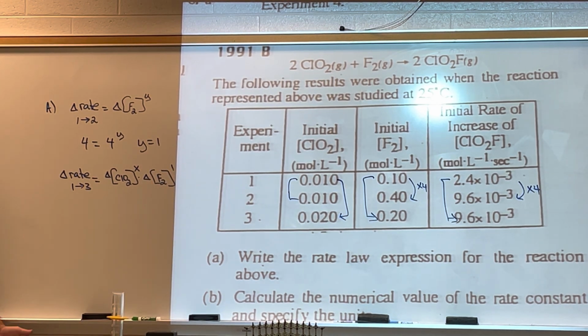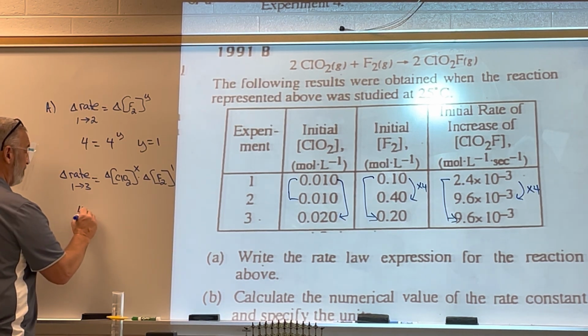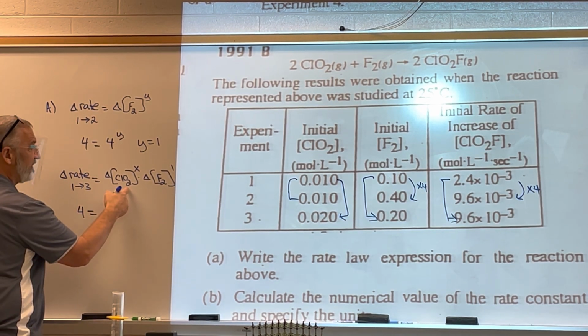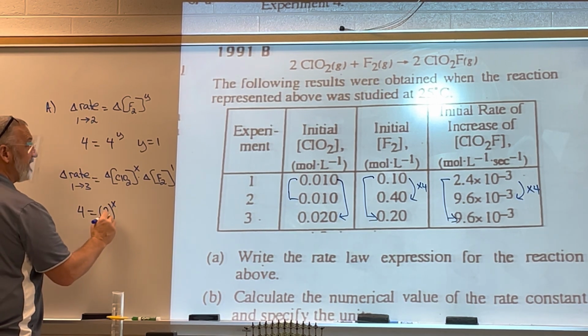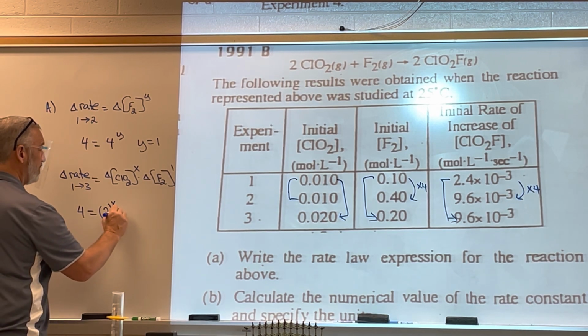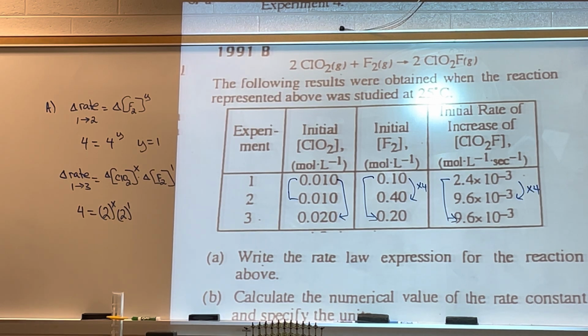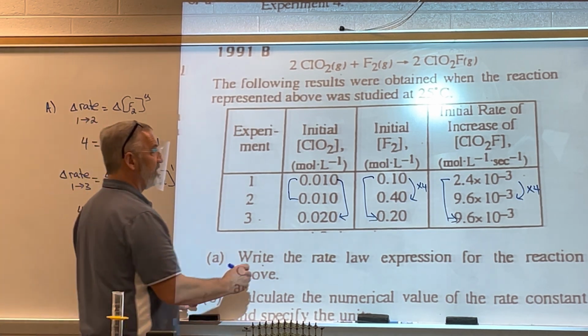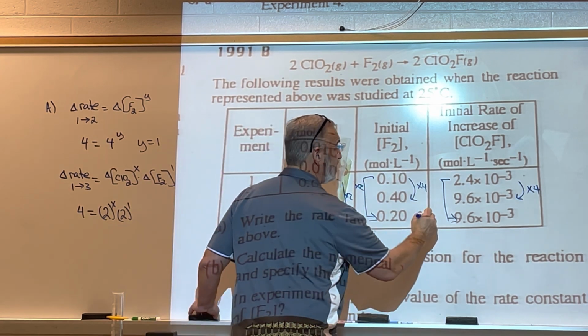So it's no longer a variable. So now I can say the rate changed by 4. I changed the ClO2 by 2 to some power x, and I changed the concentration of fluorine by 2, but I know that's to the first. Because this is times 2, this is times 2, this is times 4.